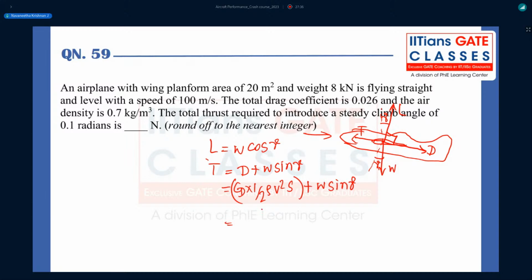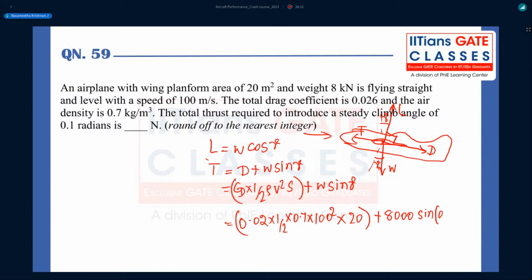Total drag coefficient is 0.026 into half. Density given as 0.7 kilogram per meter cube, into 100 is the velocity, 100 square, into wing area 20 meters square. Plus weight of the aircraft is 8 kilonewton, that means 8,000 Newton into sine gamma.